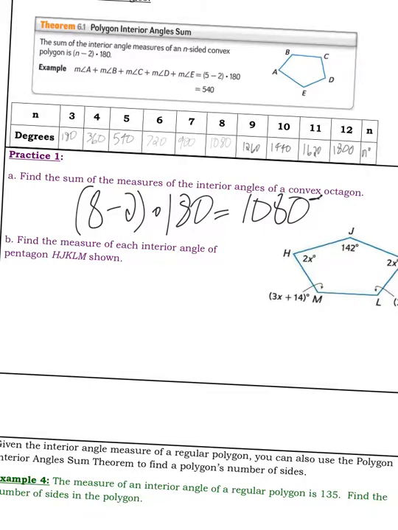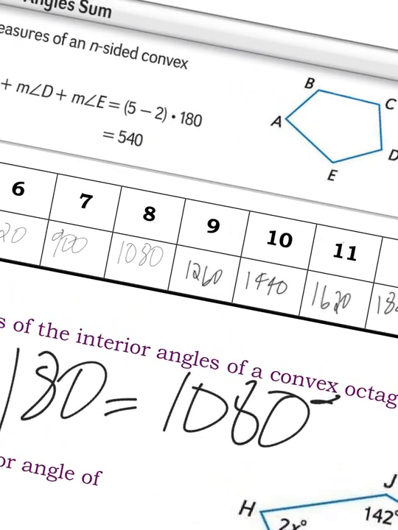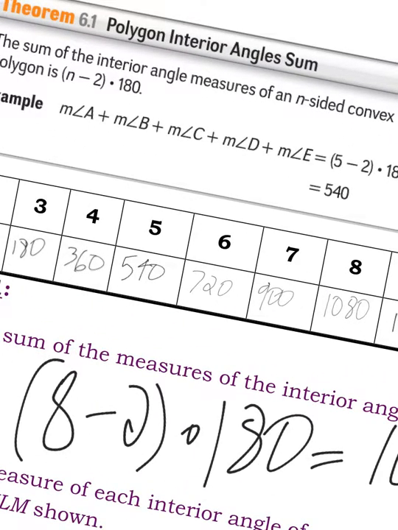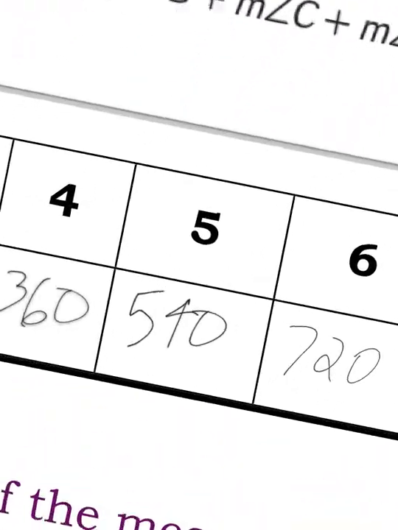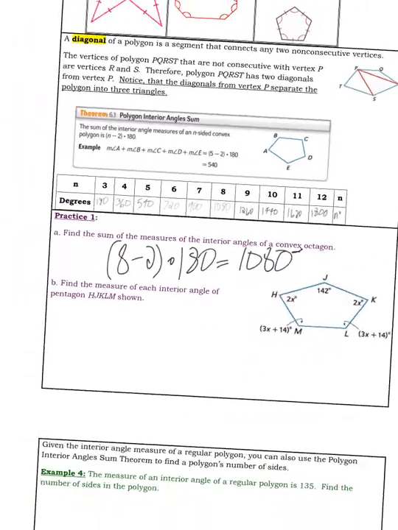Looking at this next example, we can count that it has 5 sides. So if it has 5 sides, looking at the table, or 5 minus 2 is 3, 3 times 180 is 540. Because it has 5 sides, I'm going to add all these interior angles up and set it equal to 540.